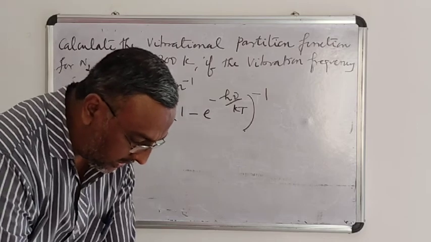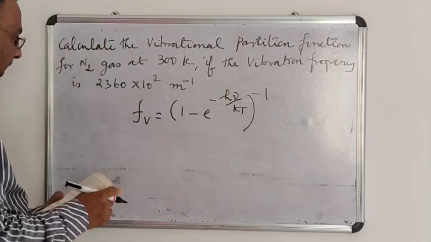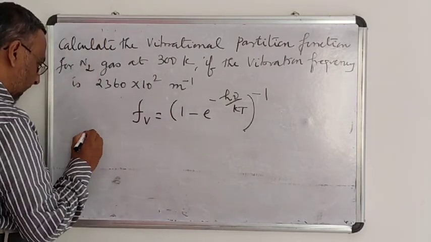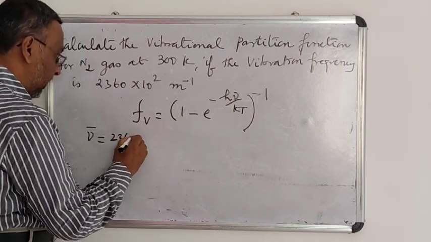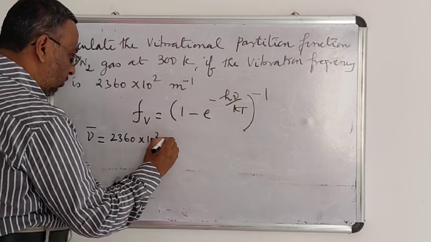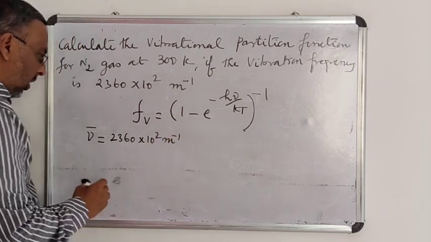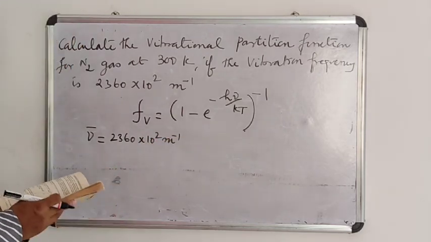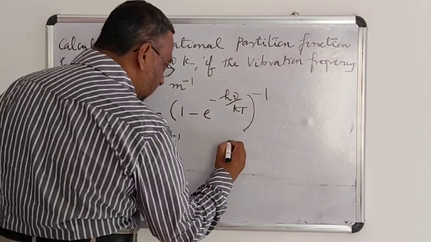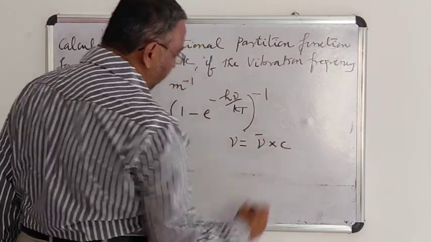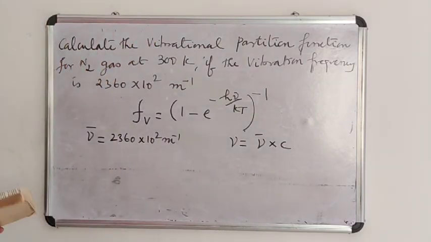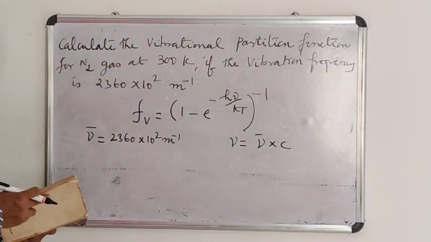How to calculate? It is given as wave number, that is 2360 into 10 to the power of 2 per meter. So, how to find the frequency? Remember, frequency is nothing but wave number into velocity of light.